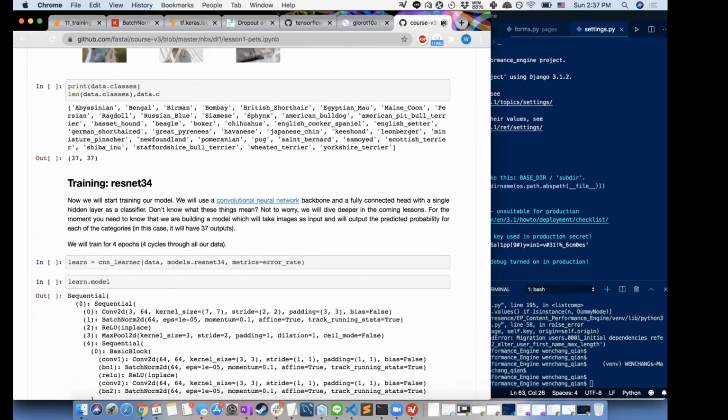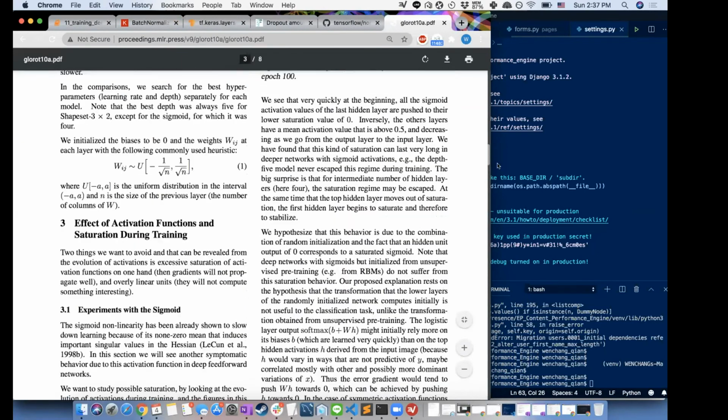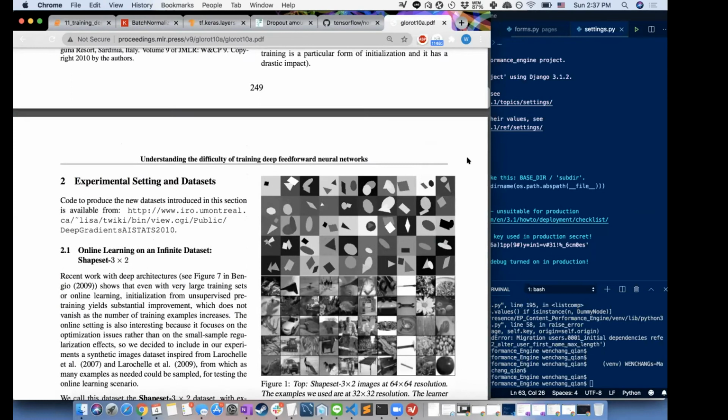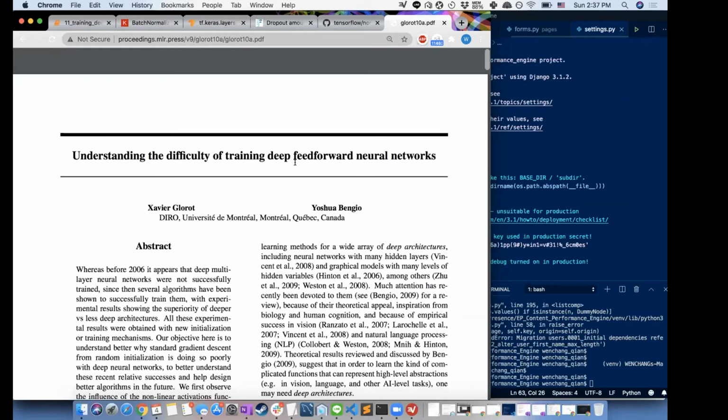Another quick thing. I happened to read this paper some time ago, I believe last year: Understanding the Difficulty of Training Deep Feedforward Neural Networks.